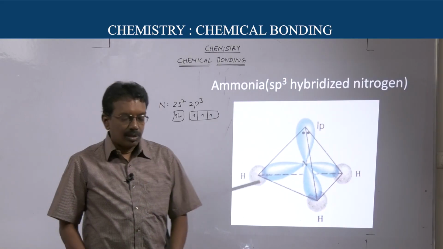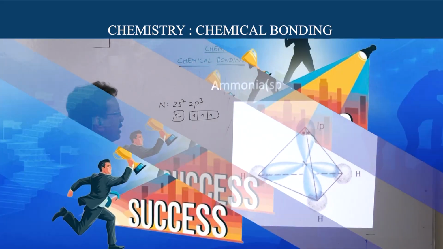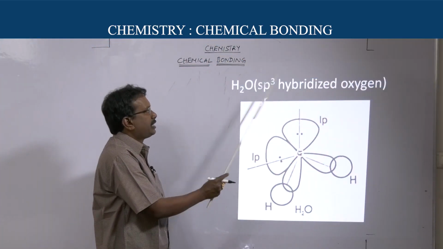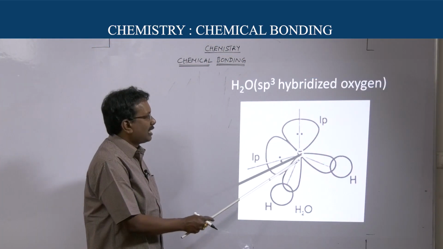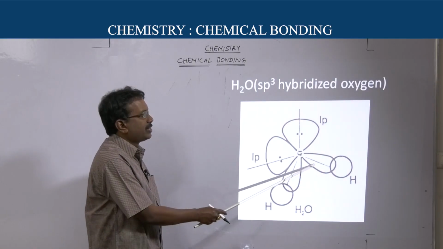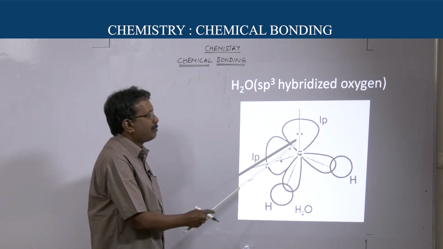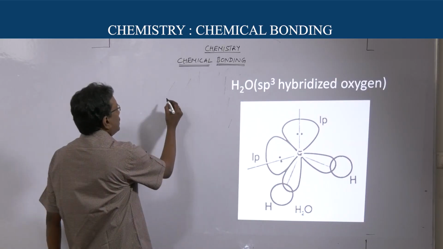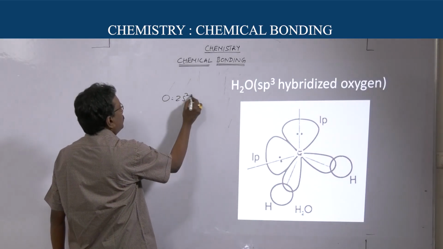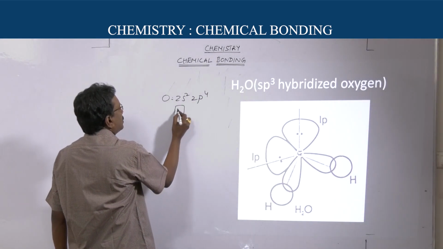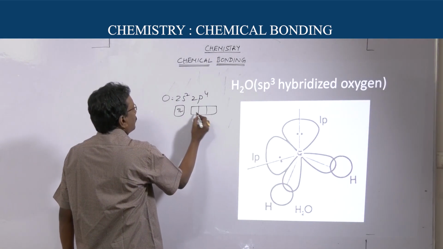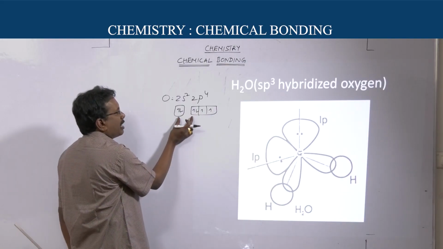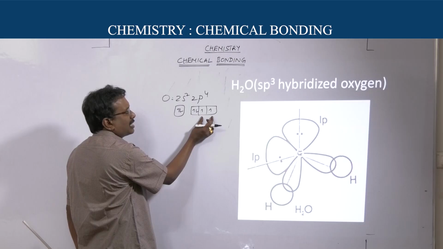Now let us move to one more example under this hybridization. The H2O molecule is given. Here also we have sp3 hybridized oxygen, that means the central oxygen atom undergoes sp3 hybridization. It gives 4 sp3 hybrid orbitals. If you observe its electronic configuration, it is 2s2, 2p4, which means that oxygen contains total 6 electrons. Out of these, 2 orbitals are paired and 2 orbitals are half-filled.